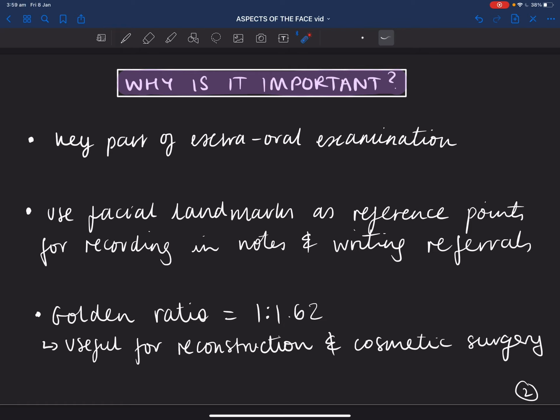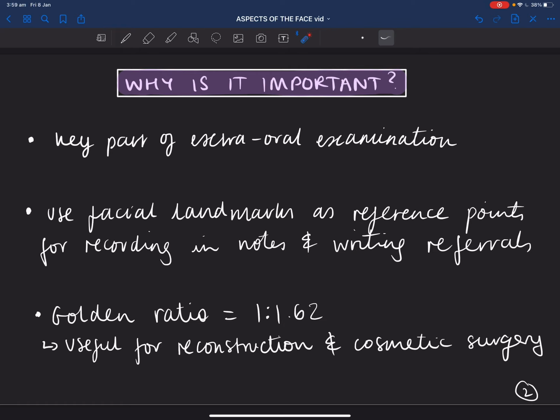It's also really useful to know for things like reconstruction and cosmetic surgery. We might have to do jaw correction surgery as dentists, and other medical professionals will do cosmetic surgery, in which people would want their face to either be reverted back to normal if they've been in accidents, or maybe enhance their facial features.